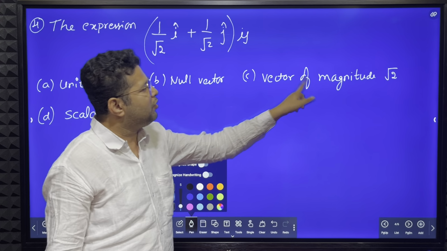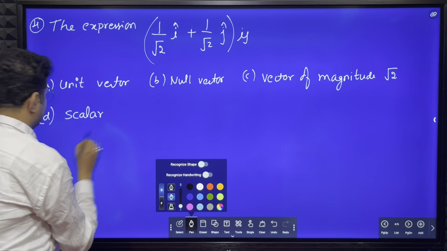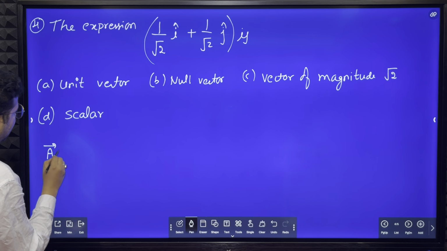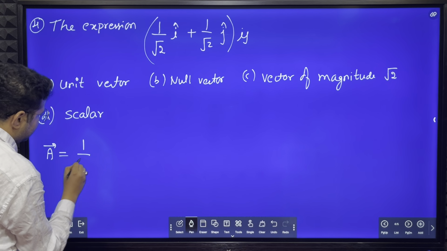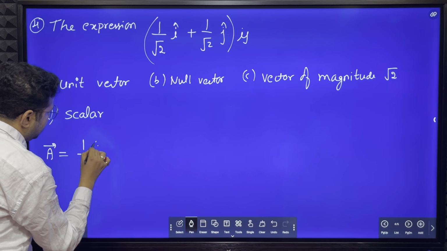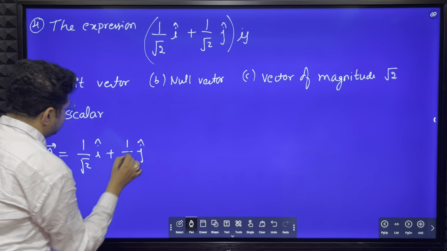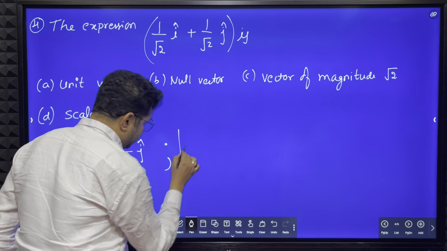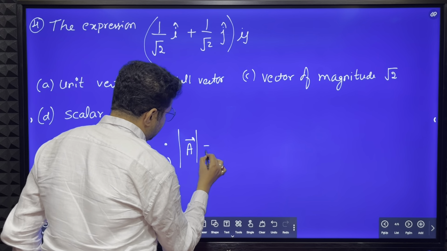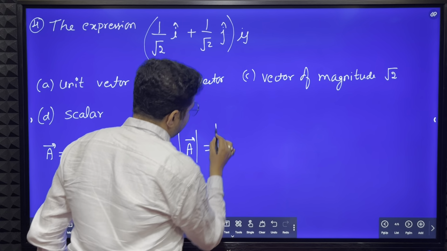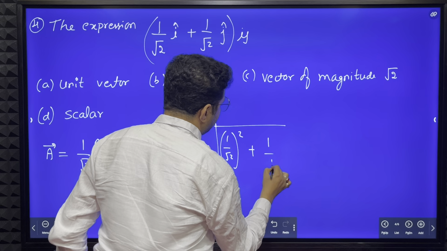So we have to find magnitude. How to find the magnitude of this vector? Given vector A is equal to 1 by root 2 into i cap plus 1 by root 2 into j cap. Magnitude of vector A is equal to square root of (1 by root 2) whole square plus (1 by root 2) whole square.